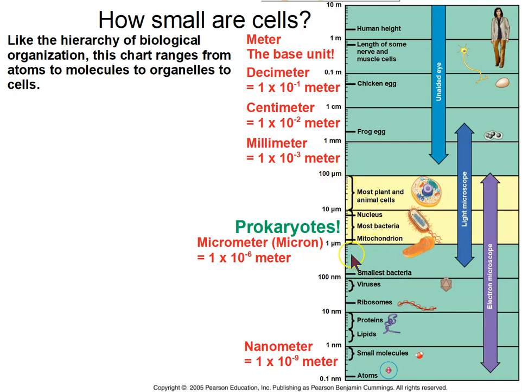And by the way, micron is short for micrometer, and that's what you'll be using in the lab to measure the size of cells, or to estimate the size of the cells that you're looking at.